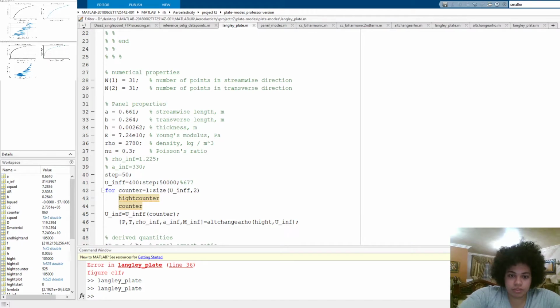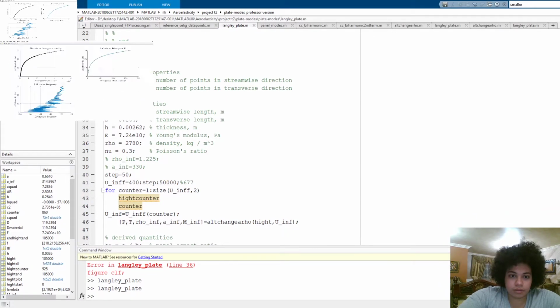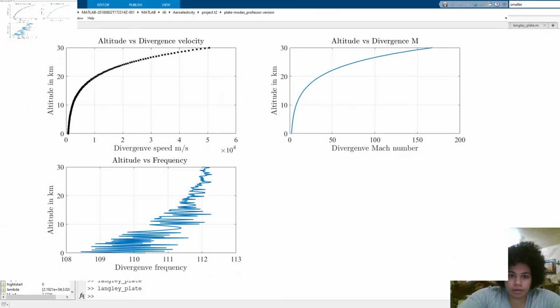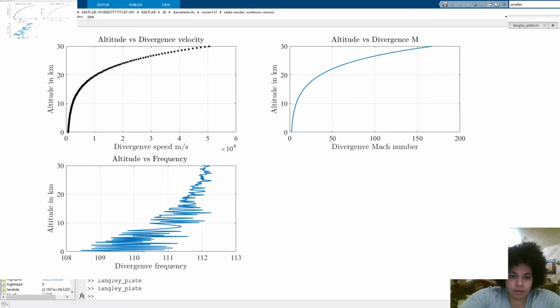So what about the results? We found that the Mach number of flutter and flutter speed itself increase exponentially with altitude, and it really explodes.